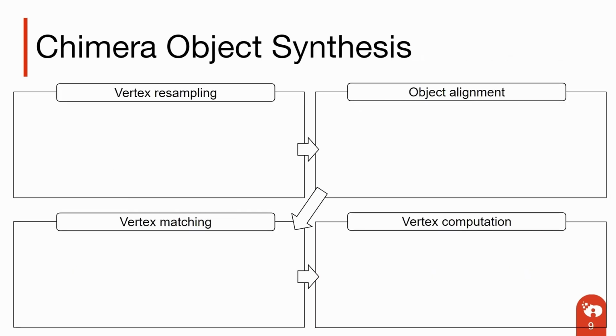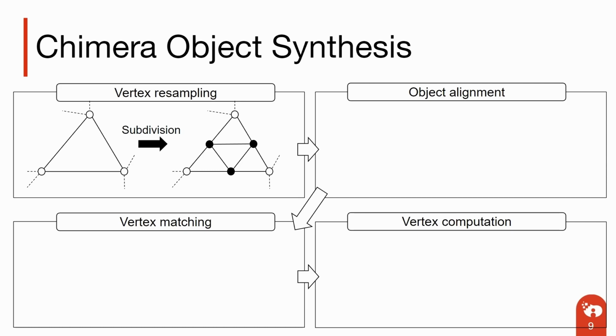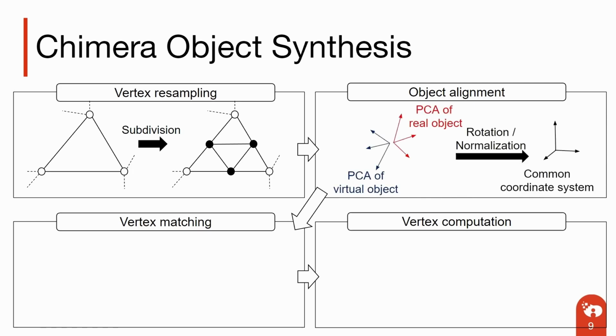A chimera object is synthesized from a virtual object and a 3D reconstructed real object. As a first step, we subdivide each triangle and resample the vertices of the two objects to regulate the vertex density. After adjusting the number of vertices, we perform a principal component analysis for each object, and then align their origins and axes so that all the vertices are represented in the same coordinate system.